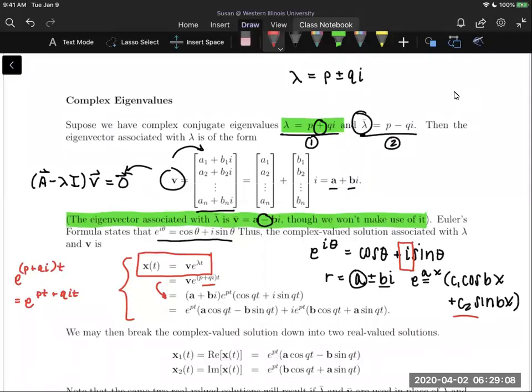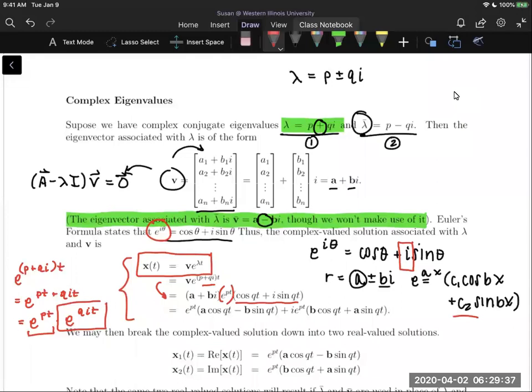Then by using exponent rules, this is e to the pt times e to the qit. You'll notice that the e to the pt just stays right there. That's just my exponential function. But this exponential function with a complex value in it is going to become cosine plus i sine.